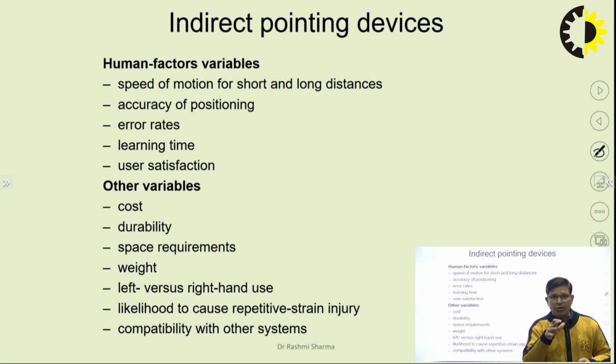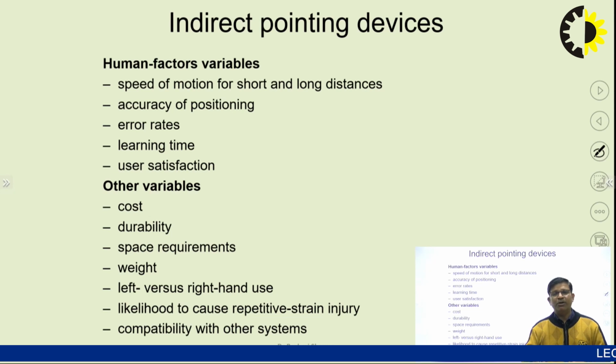Accuracy of position is not so high, but with a good design and good hardware we can do it very easily. The error rate can be reduced if we use good hardware.